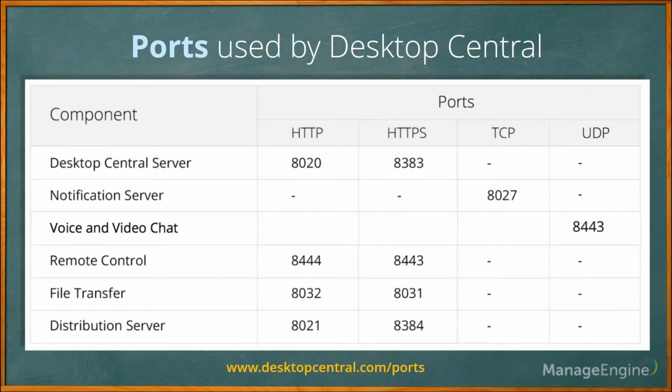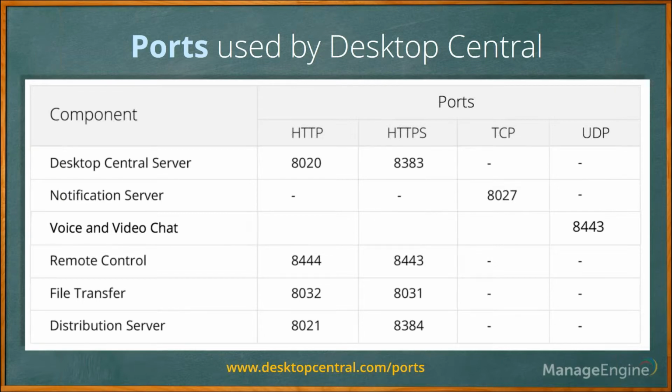On the architecture, let's look at the ports used by Desktop Central. Desktop Central server and the agent communication is a pull method. On the server side, Desktop Central server uses 8020 for HTTP communication and 8383 for HTTPS communication. In case you have a distribution server in between, the server uses 8021 for HTTP and 8384 for HTTPS communication.